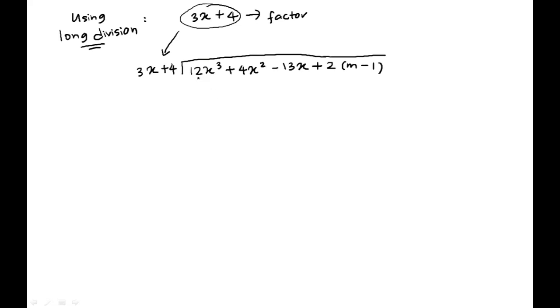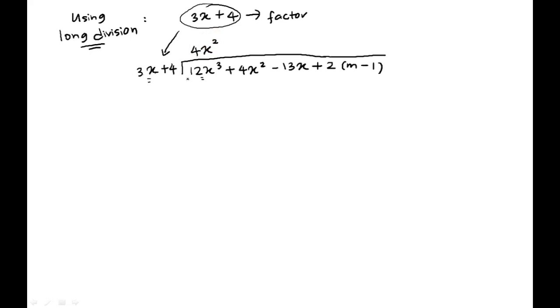First, we consider 12x cubed. Our divisor is 3x. So 3x times what can we get 12x cubed? 3x we can multiply with 4 because 4 multiplied by 3 is 12, and to make x cubed we multiply with x squared.